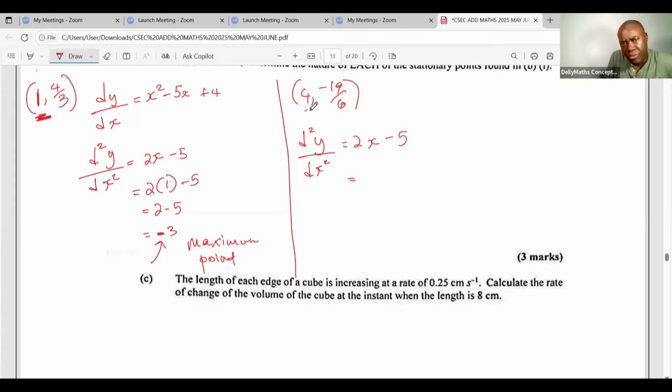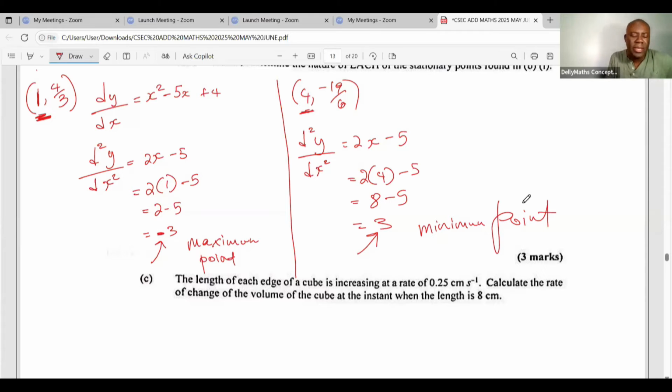We're going to substitute 4. That's the x value. So 2 times 4 minus 5. This is 8 minus 5. This is positive 3. So because this is positive, then we actually have a minimum point here. So this is a minimum point.